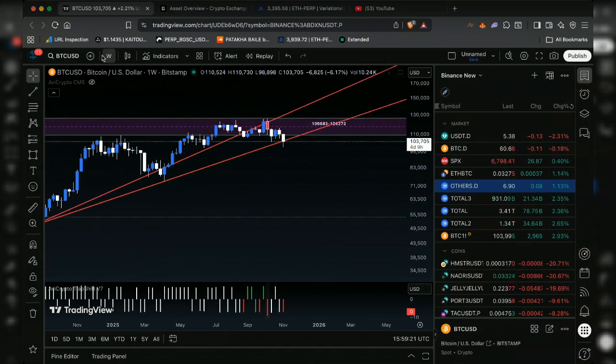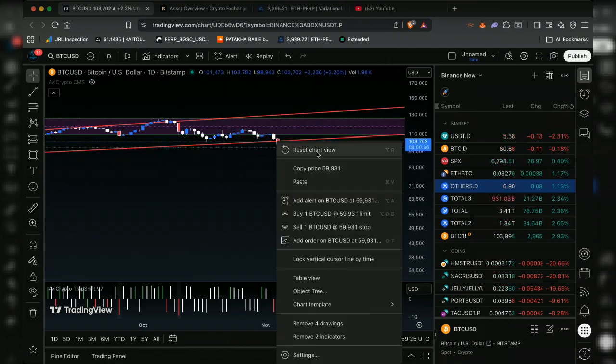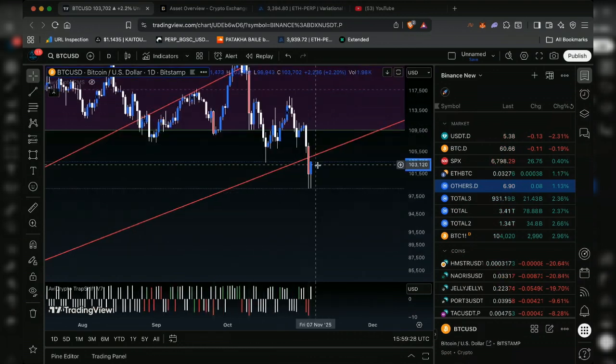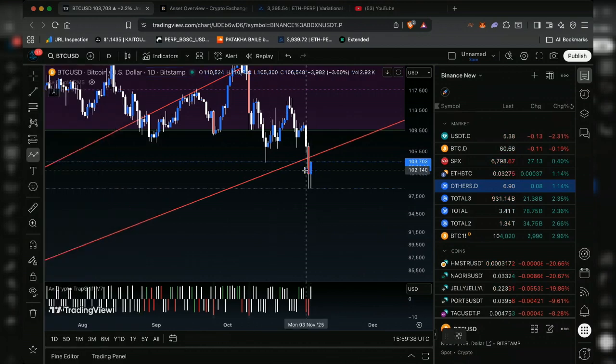But if I switch it to the daily candle, this will become the resistance. So closing above this, around maybe 105 or 106, the price might go a little bit up like this and try to test it.